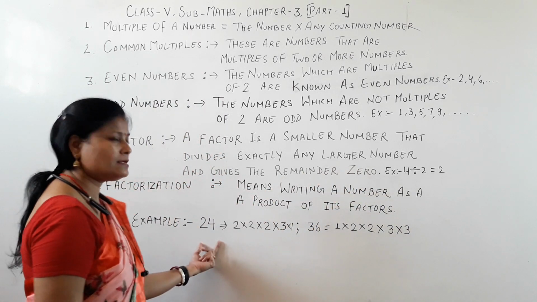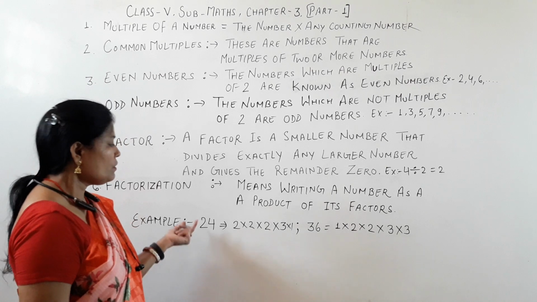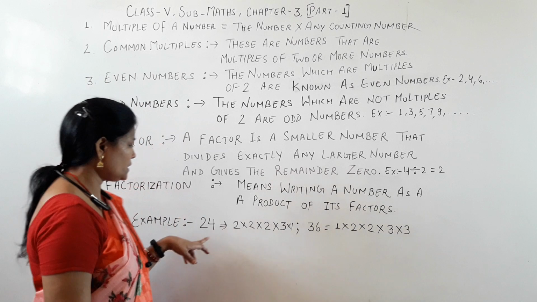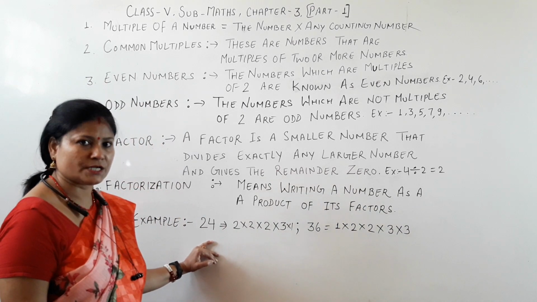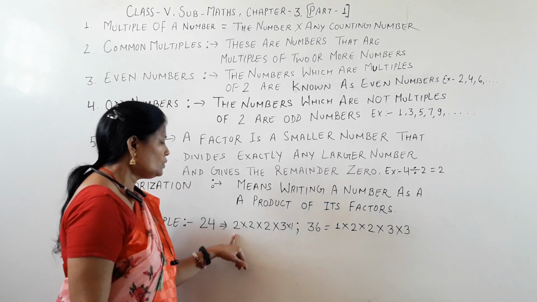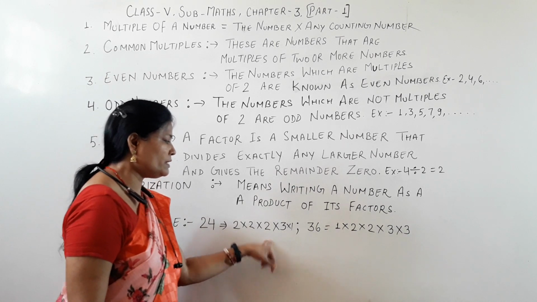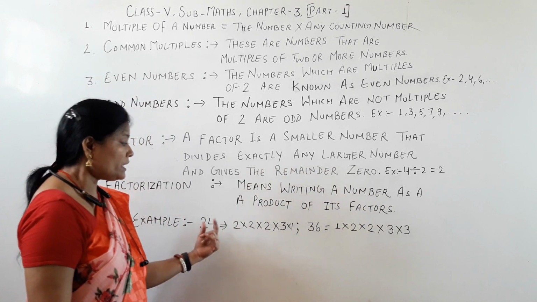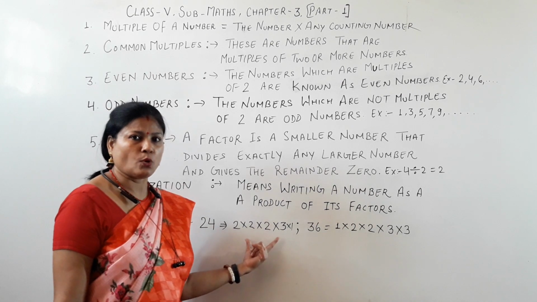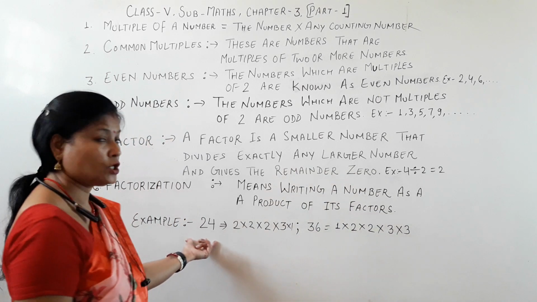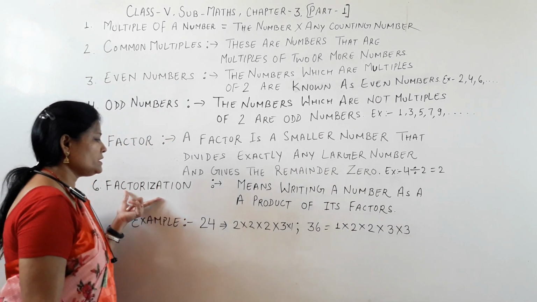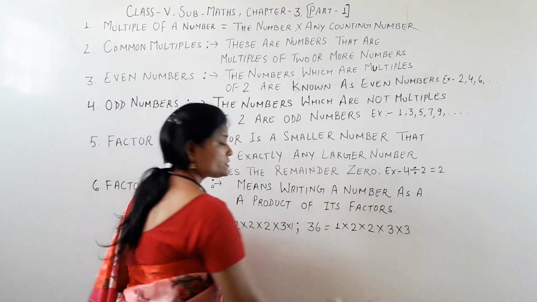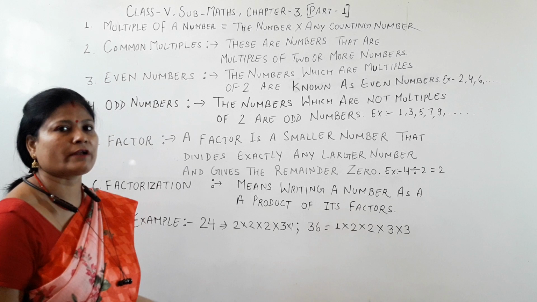So if a larger number is given to us, we will write it in its factors. See, 24 is a larger number and 2 multiply 2 multiply 2 multiply 3 are its factors, and if I multiply all the factors, I will get 24. So writing 24 as a product of its factors is known as factorization.